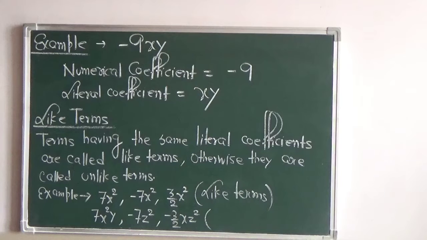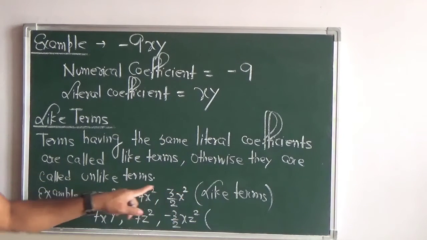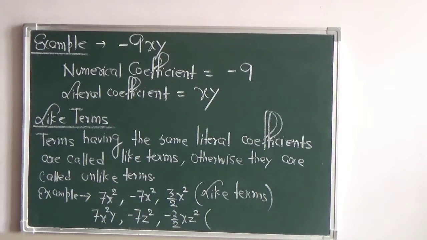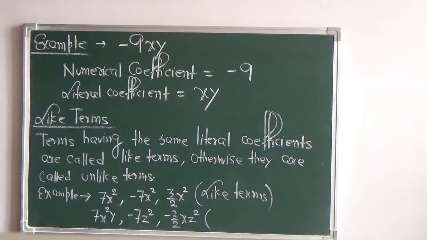So for it to be a like term, it has to be identical, exactly the same, just like x square, x square, x square. If it is x cube, then it becomes an unlike term. So terms having the same literal coefficients will be called like terms, or otherwise we will call them unlike terms.